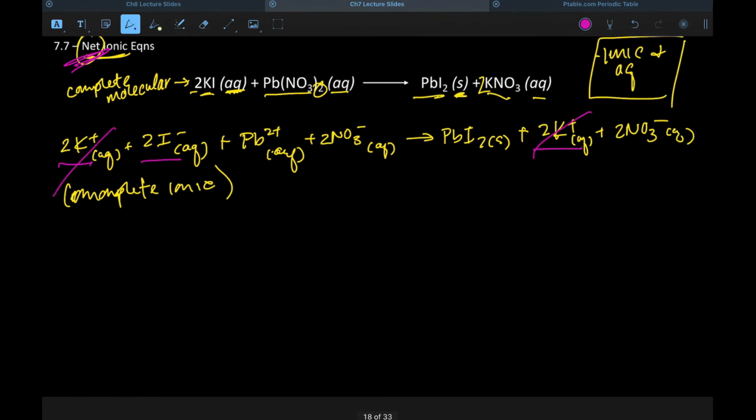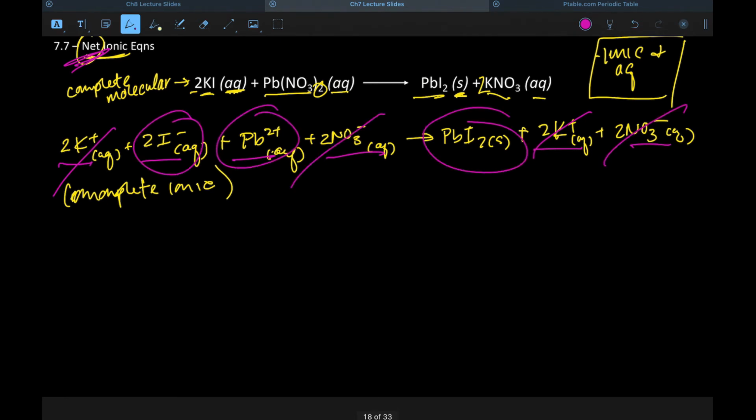On the product side, there are no iodide ions that are aqueous, so we leave that. Lead, nitrate, that gets crossed out, which means that these make up my net ionic. So then I would have 2I minus aqueous plus lead aqueous gives us PbI2 solid. And this would be our net.